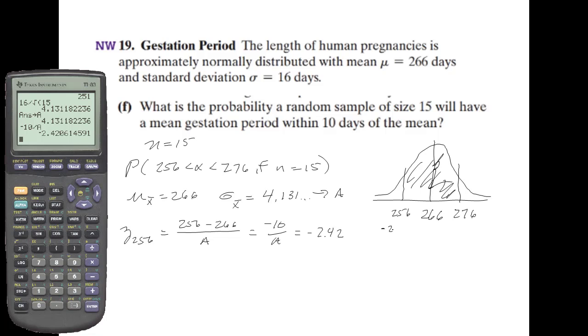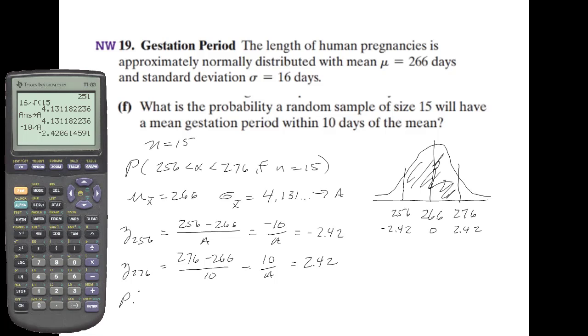So this is negative 2.42. This is 0. And now I'm going to do it anyway, but I really don't have to. So Z of 276 is going to be equal to 276 minus 266 divided by A, which is going to be 10 over A, which is going to be equal to 2.42. So those are my Z scores, and those are my real scores.